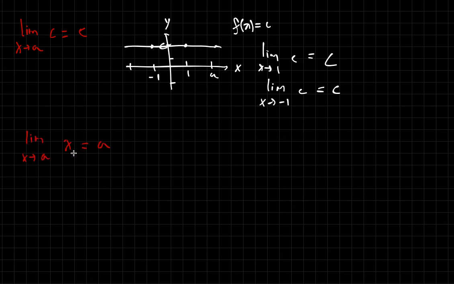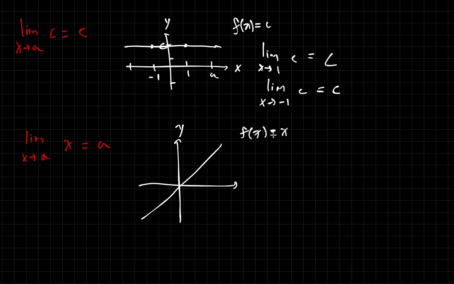So this next property is the limit as x approaches a for x equals a. If you wanted to graph this as well, then we would just have a straight diagonal line, right? Because f of x equals x has a slope of 1. And I'm saying that whatever value x approaches, y will approach that same value. And how can we visualize this?